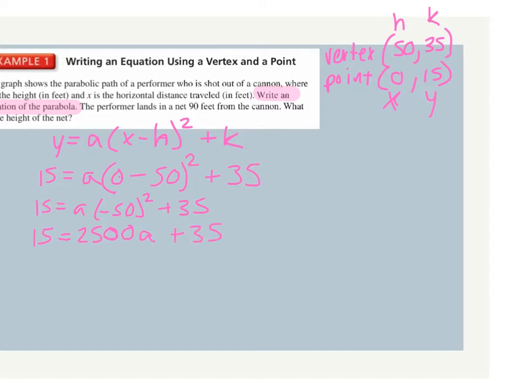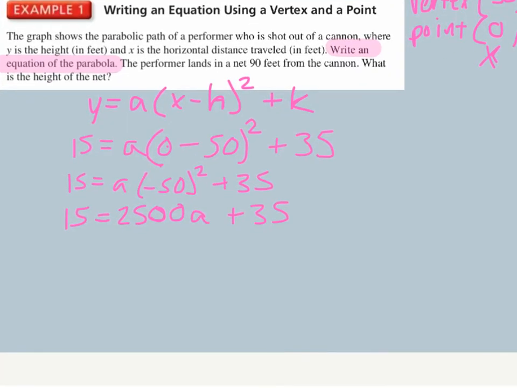What do we need to do next to solve for a? So remember, our goal is to get a equals. We need a all by itself, so we need to move everything else to the other side of our equation. So what do we need to do next? Minus 35 on both sides. Perfect. So we have negative 20 is equal to 2,500a.